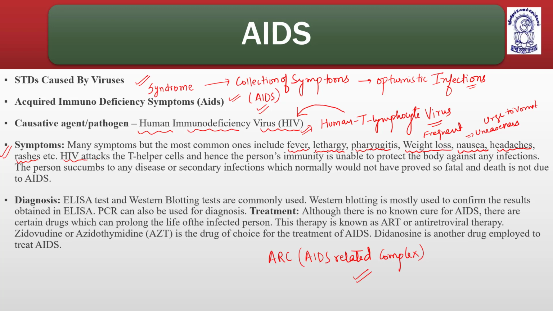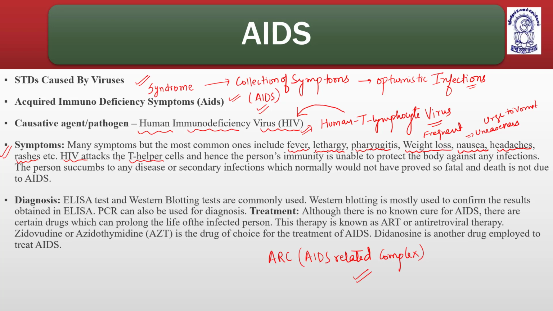HIV basically attacks the T helper cells, and hence the person's immunity is unable to protect the body against any infection. T helper cells are the T cells of the body that help inform the killer cells to do their function. In human health and disease, I will be explaining this disease in detail.